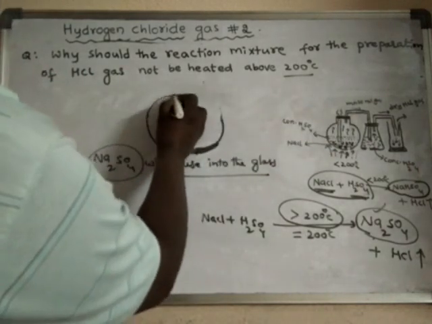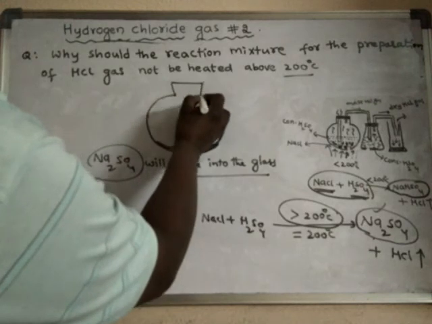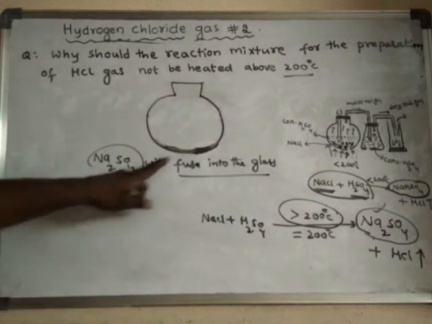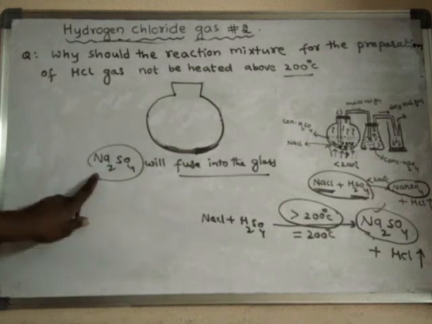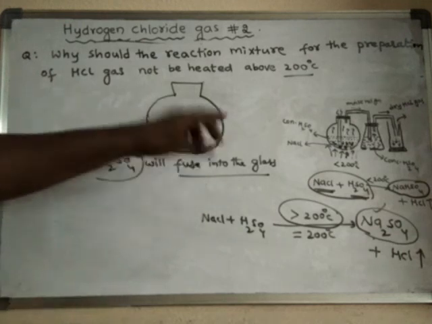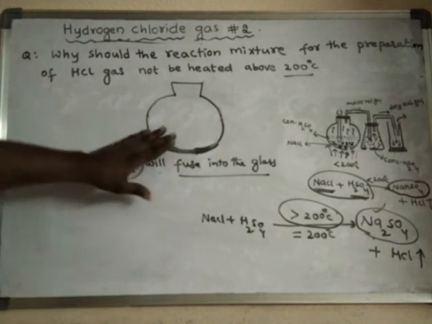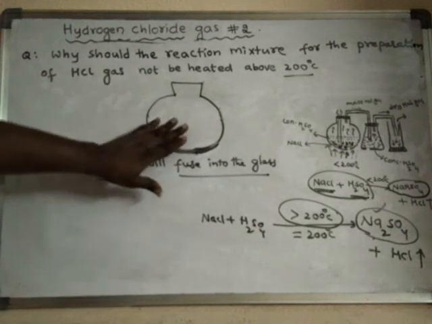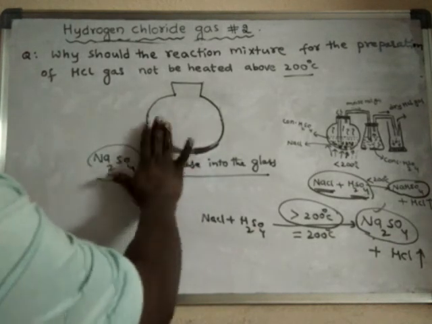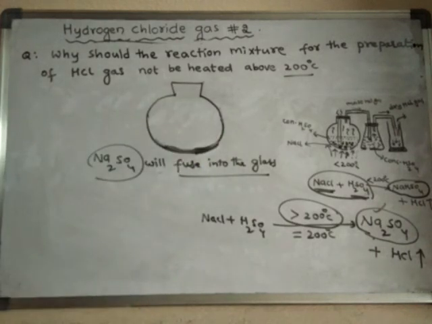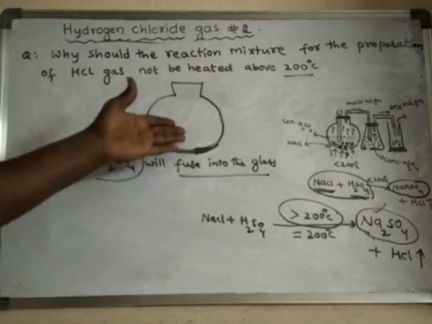This round bottom flask gets damaged due to the fusion of sodium sulfate into the glass material. It will stain with a white color, so we cannot see any material present in it.